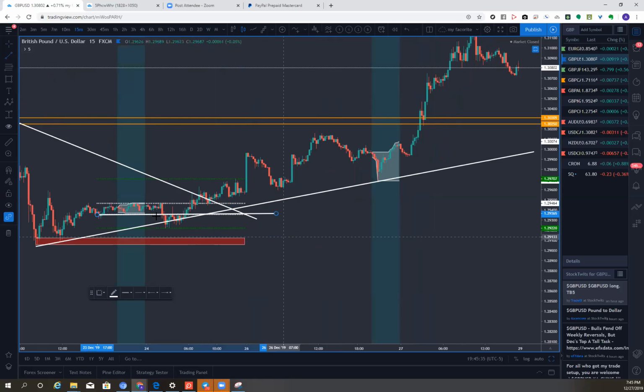They did a false breakout move, and what we waited on was the second leg. So we waited on that second leg formation. We moved away. So from that move right there, 60 pip move.